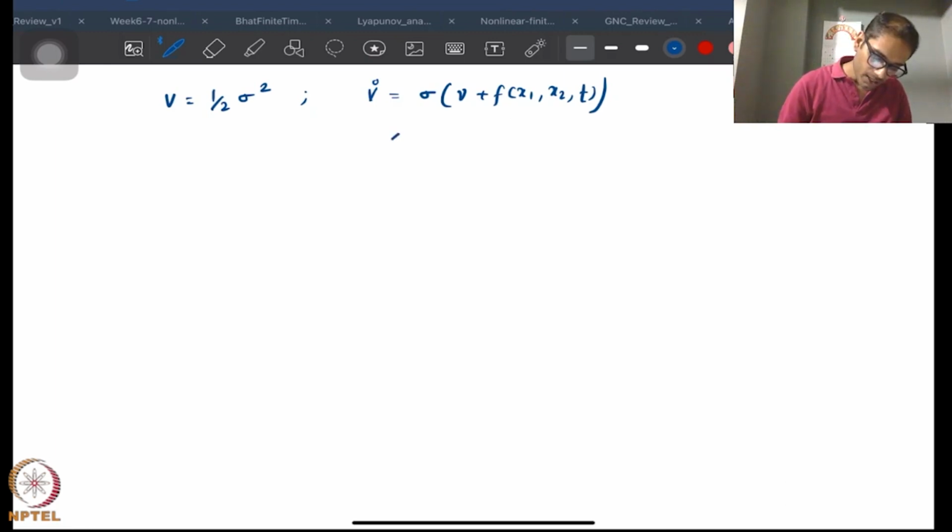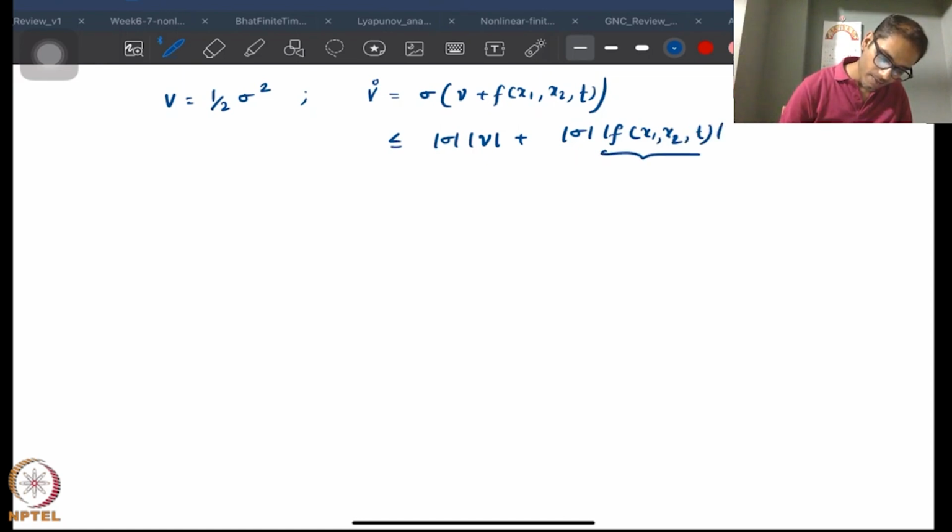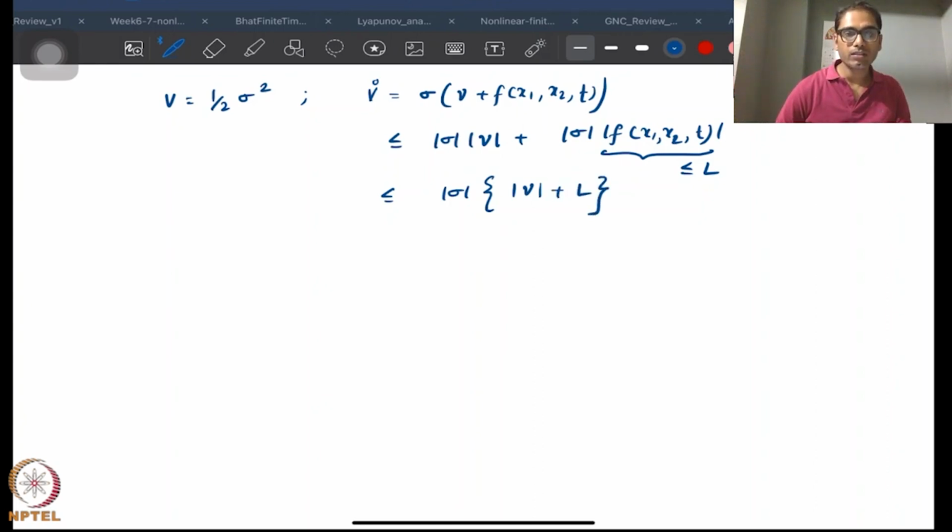This is less than or equal to absolute value of sigma times absolute value of v, plus absolute value of sigma times absolute value of f(x1, x2, t), and we know that this is less than or equal to L. So this is less than or equal to absolute value of sigma times absolute value of small v, this additional control, plus L.